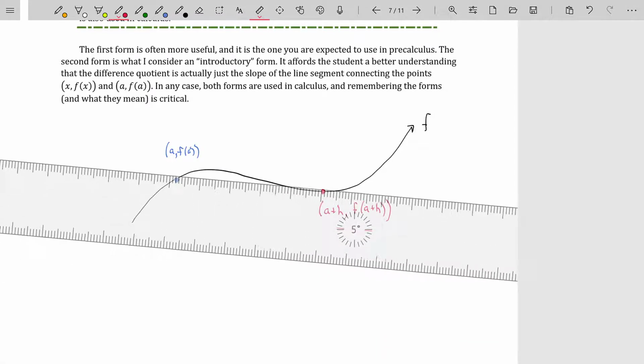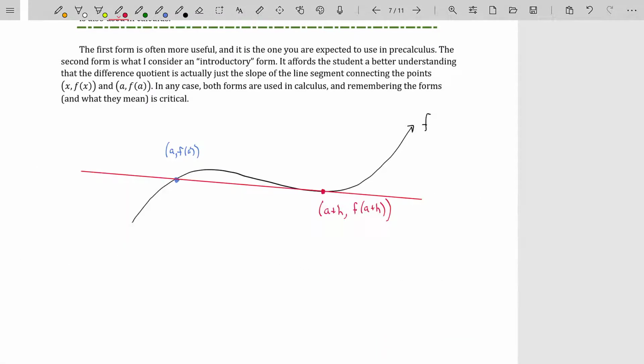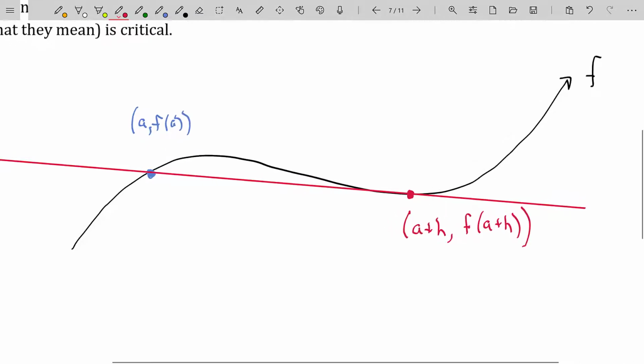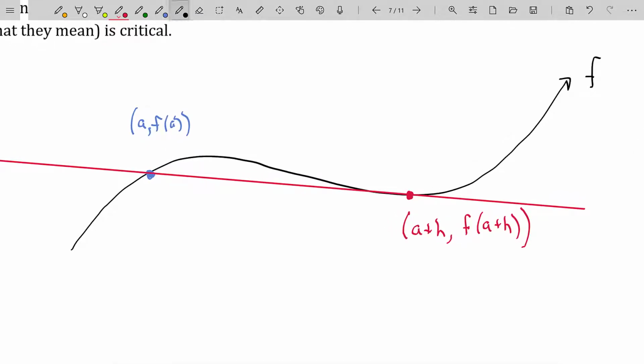Well, if I connect those two dots with a line, then we can compute the slope of that line. Remember, slope from your elementary algebra days back in middle school or something like that is just difference in y over difference in x. Specifically, it's y2 minus y1 over x2 minus x1.